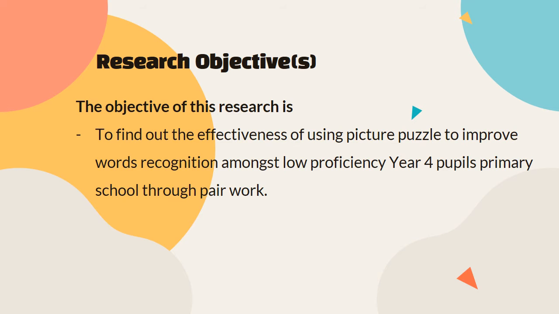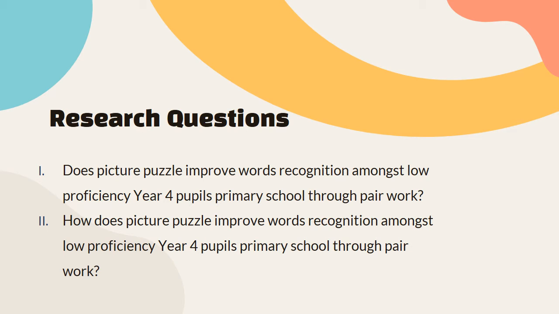The research objective: the objective of this research is to find out the effectiveness of using picture puzzles to improve word recognition amongst low proficiency Year 4 primary school pupils through pair work. There are two research questions in this research proposal. For the first question, does picture puzzle improve word recognition amongst low proficiency Year 4 primary school pupils through pair work?